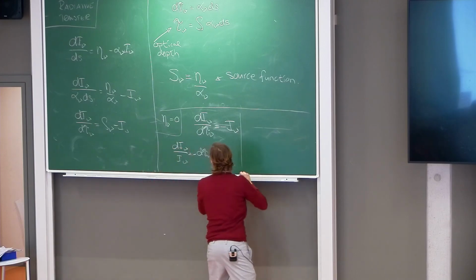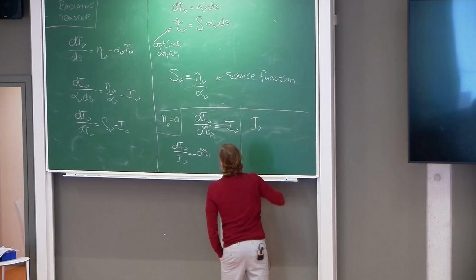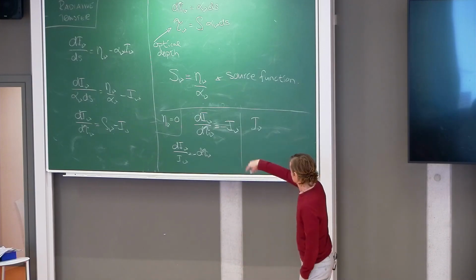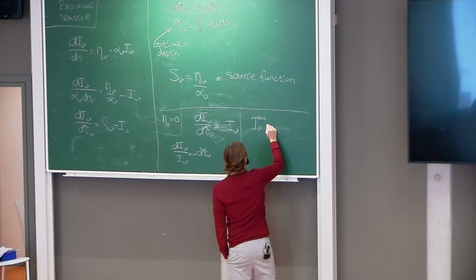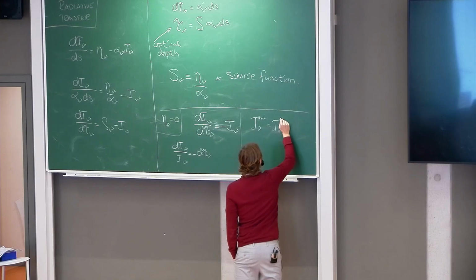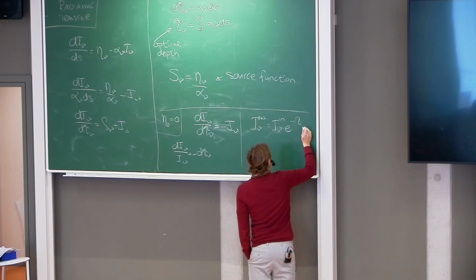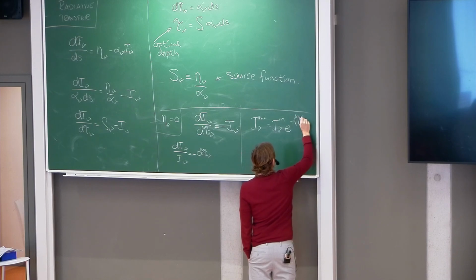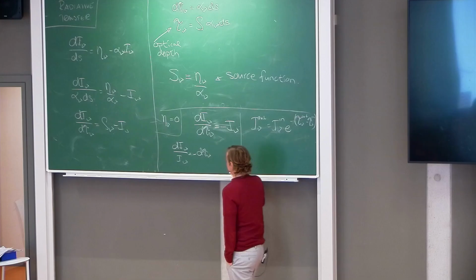And then we can solve it, getting out that I nu out is I nu in e to the minus tau nu out minus tau nu in.